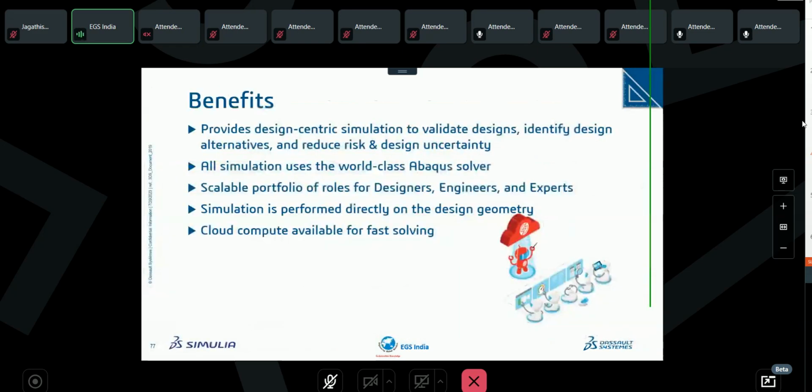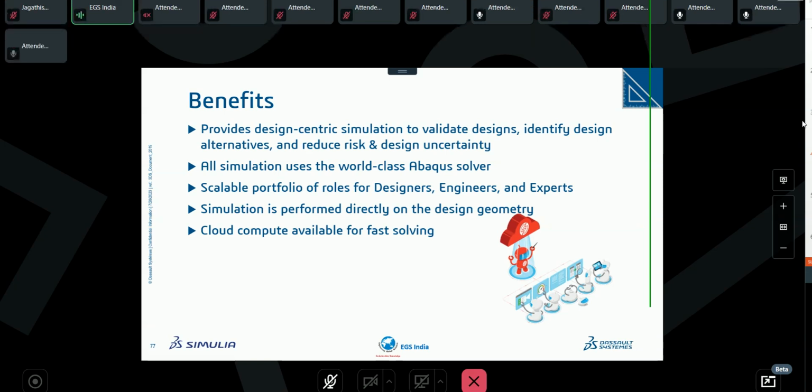Okay, so what are all the benefits that we are going to get? As I mentioned earlier, it has a world class technology called ABAQUS solver, and we can also have a capability where you can scale up your entire portfolio according to the requirement of your project.